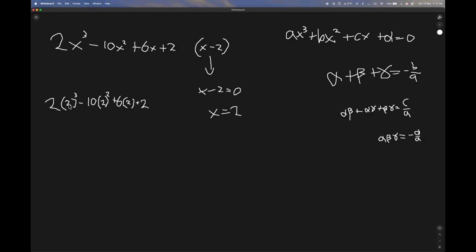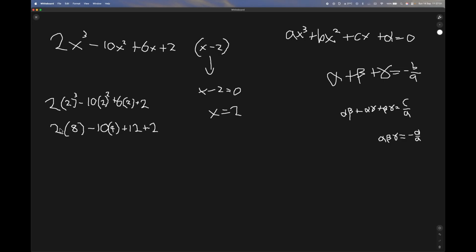So 2 times 2 to the 3, which is 8, so 2 times 8, minus 10 times 2 squared, which is 4, plus 6 times 2, which is 12, plus 2.